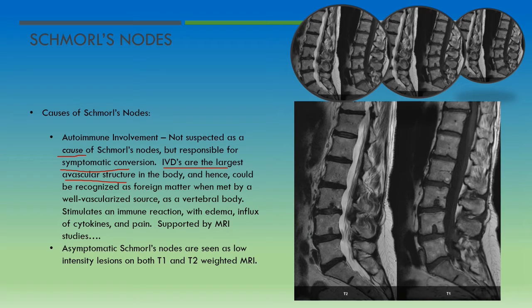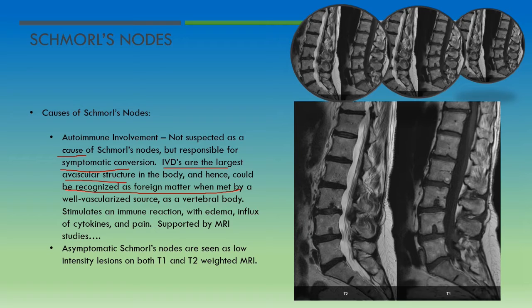So therefore, parts of the body outside of the intervertebral disc itself never have any contact or any introduction to the precise molecular structure of the nucleus pulposus. And therefore, this nucleus pulposus material can be recognized as foreign matter when met by a well-vascularized source, such as the adjacent vertebral body, which, as we said, is highly vascularized and active hematopoietic tissue.